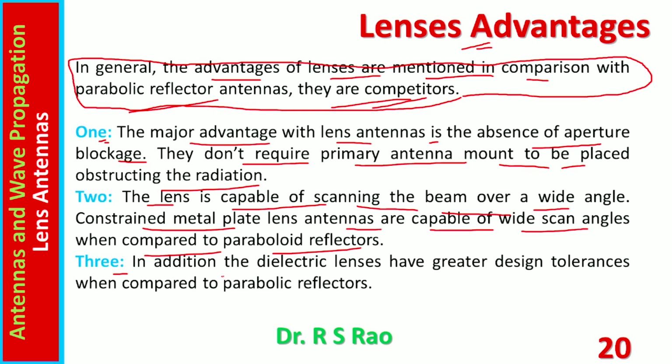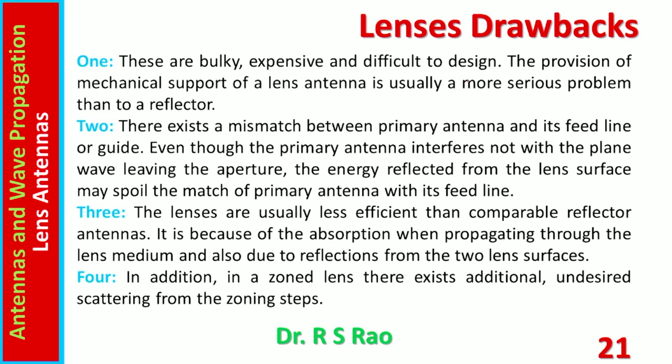Three, in addition, the dielectric lenses have greater design tolerances when compared to parabolic reflectors. Third point has already been mentioned. Deviations are more tolerable in case of lenses than in case of reflector antennas.